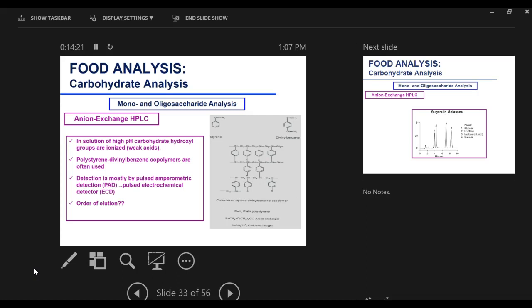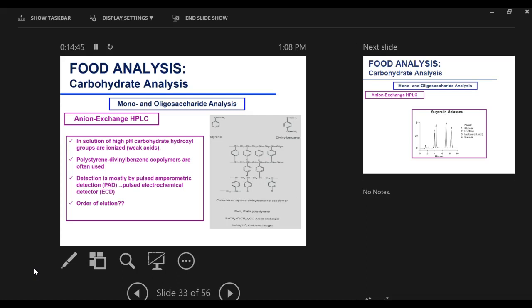And then they will interact with the negatively charged sugar. And because they carry charge, we can use pulsed amperometric detection, PAD, or what we also formally call pulsed electrochemical detector. That would be a common detector that could be used for this type of chromatography.